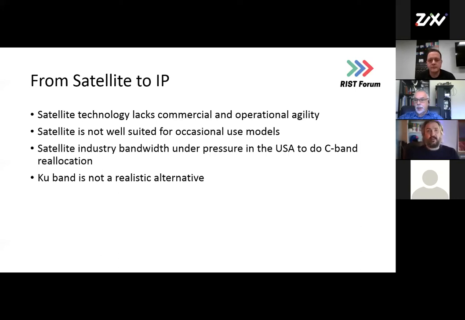Well, not really. That requires a complete retooling of the teleports. It's a different dish, for example. And also Ku, because it's a much higher frequency spectrum, you tend to succumb more to things like rain interference and cloud cover. So not a great option. And frankly, why would you retool around a whole bunch of new satellite technology when you've got so many of the advantages of going to IP?